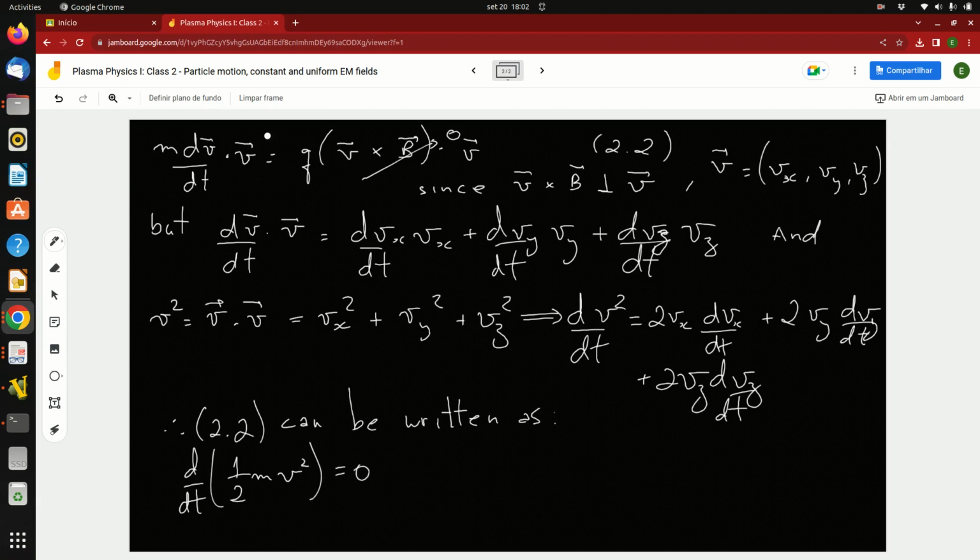I just rewrote this based on the comparison of this equation with this one. I just have to multiply by m and divide by 2 because of the factor 2 difference. So this is the new equation, equation 2.3. It shows you that kinetic energy is conserved.